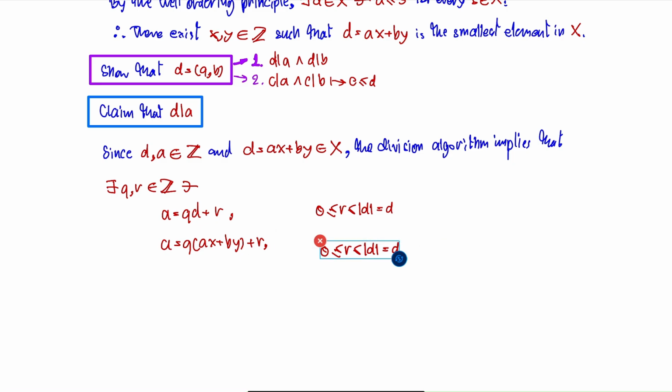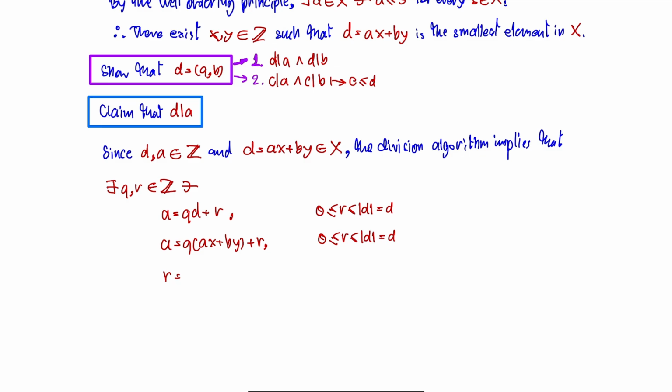Okay, what next? The next thing that I'm trying to do is to show that r is 0, because we want to show that d divides a. So the remainder r right here must be 0. So I have to write this equation so that r is the subject.